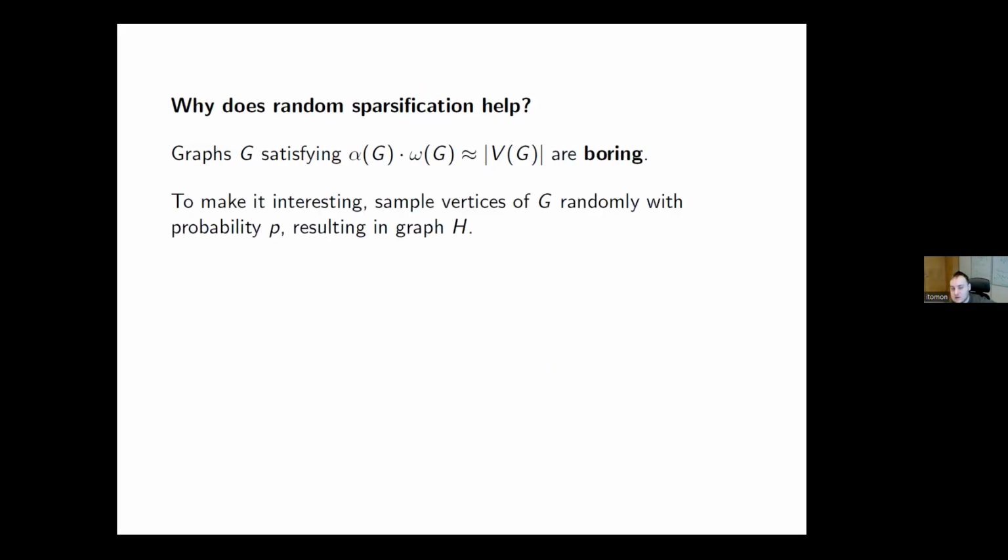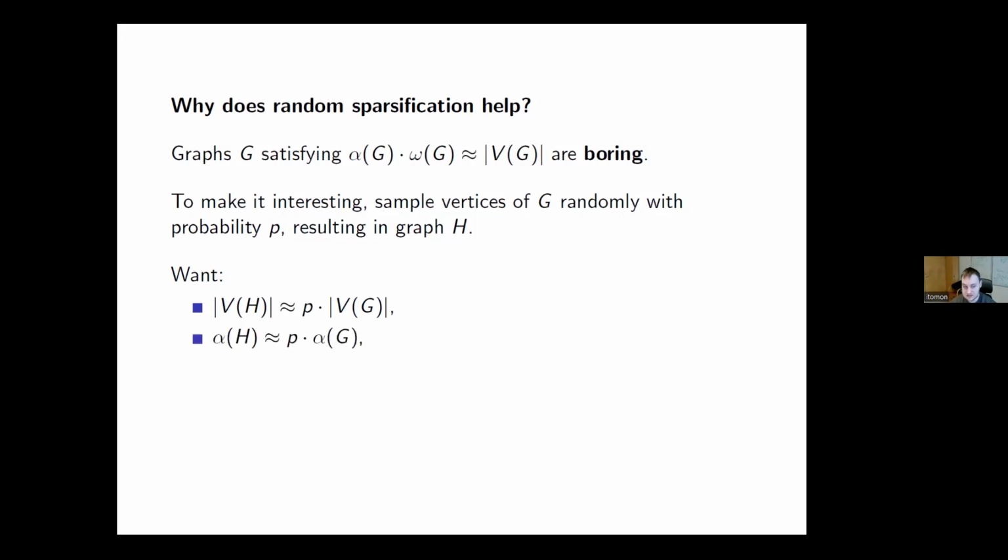But now, how can we make a boring graph interesting? Let's just sample the vertices randomly with probability p, and consider what happens with the resulting graph H. First of all, we want the number of vertices to drop by a factor of p. This is actually automatic; it follows from any concentration argument.